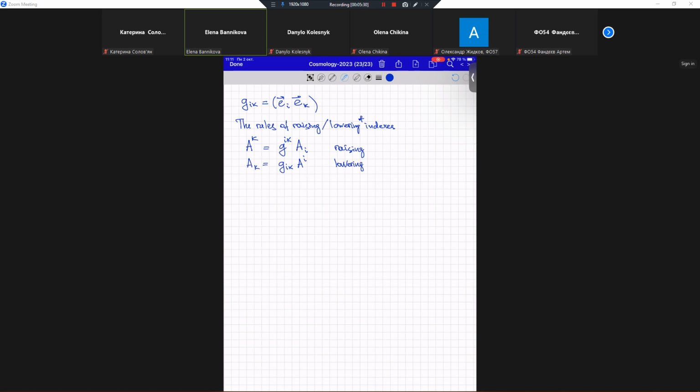So we make index k below. This is one of the main operations. The same we can do for a tensor of the first rank, for vectors, and for a tensor of second rank in a similar way.